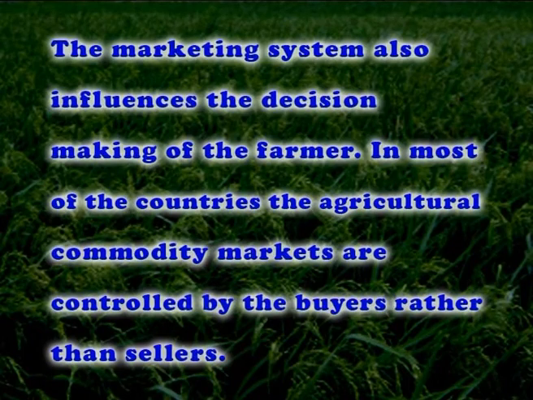The marketing system also influences the decision making of the farmer. In most of the countries, the agricultural commodity markets are controlled by the buyers rather than the sellers. The farmers, however, can influence the market by storing their products on the farm or in cold storages until prices are remunerative.